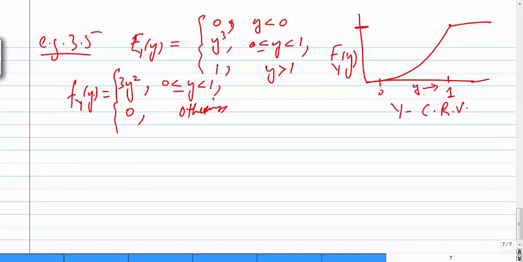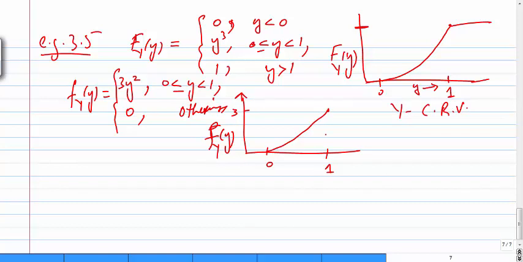If I plot this one, assume this is 0, this is 1, it looks like 3y squared. So if this is 1, it will go like this. The value you get here is 3. So this is the PDF.